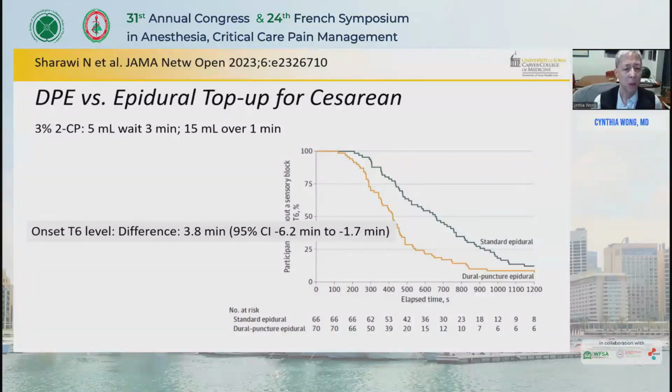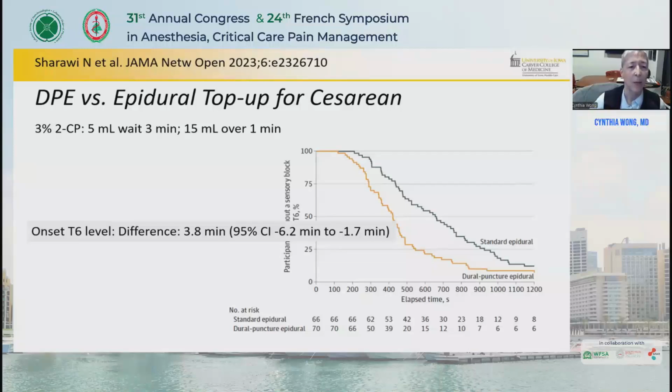They randomized women to a DPE versus epidural technique, and they started them on a labor infusion, even though they weren't in labor. An hour or two later, they dosed the epidural catheter as if there would be an intrapartum cesarean delivery, and so injected local anesthetic through the epidural catheter.